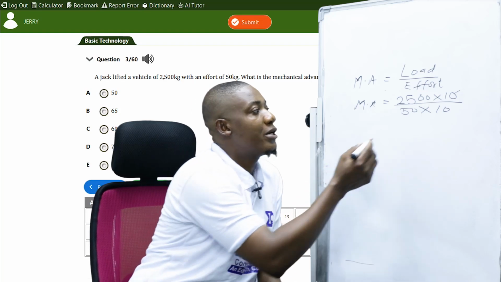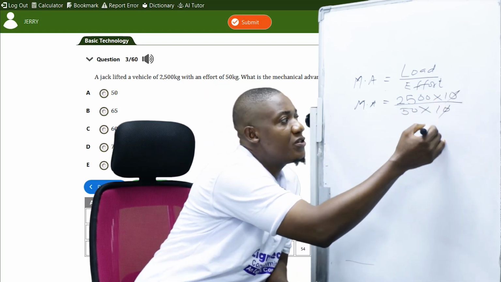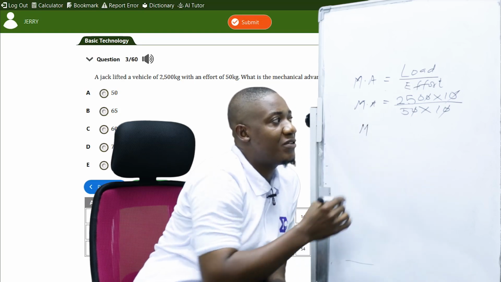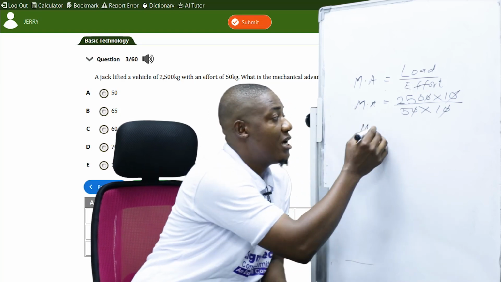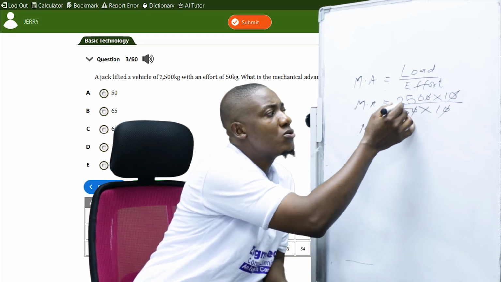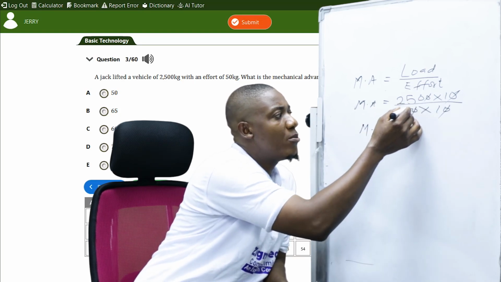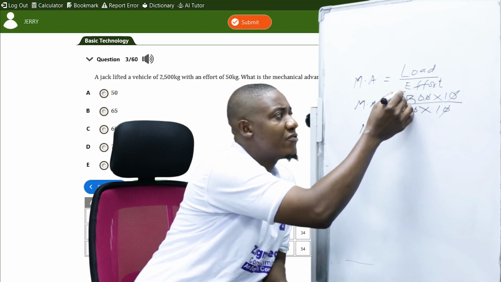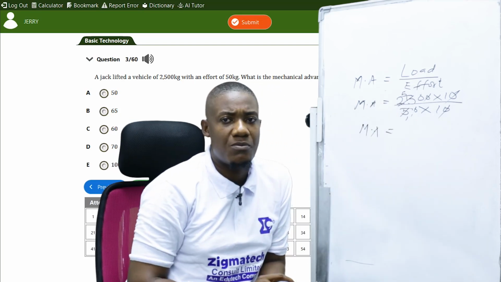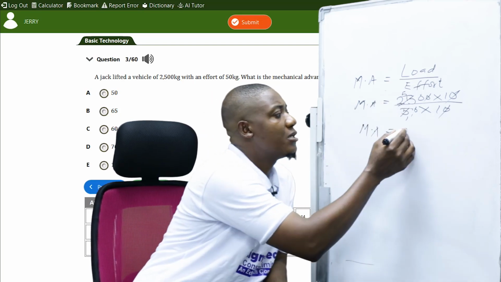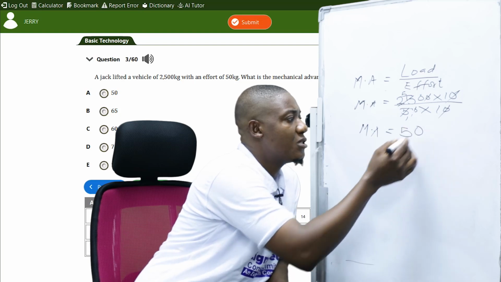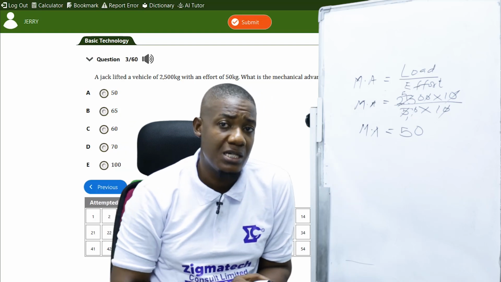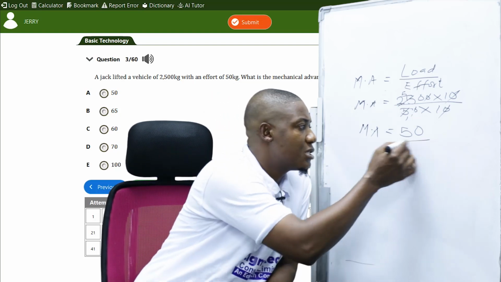This 0 takes care of this 0, and this 0 takes care of this 0. Therefore, the mechanical advantage of this machine is equal to 250 over 5. But 5 can take care of 25: 5 into 25 is 5. Therefore, option A is the right option, 50. The mechanical advantage of that jack is 50. No unit. Take note of that.